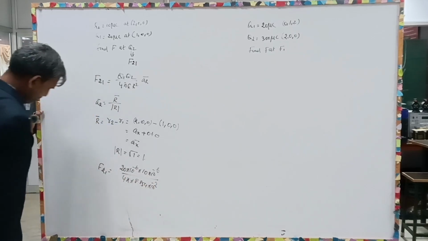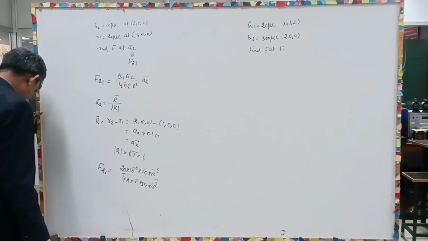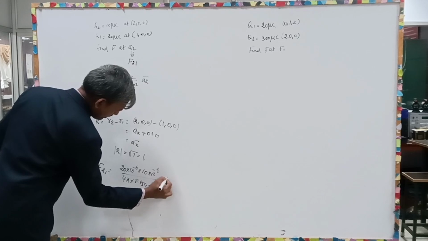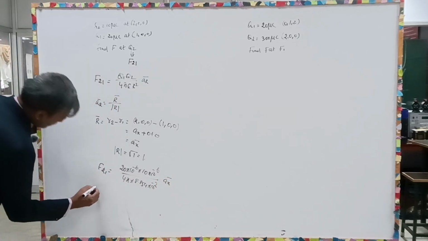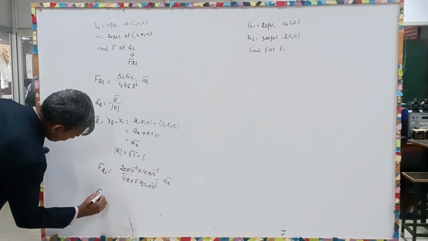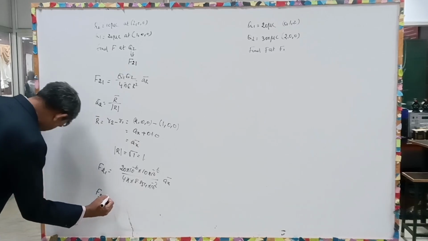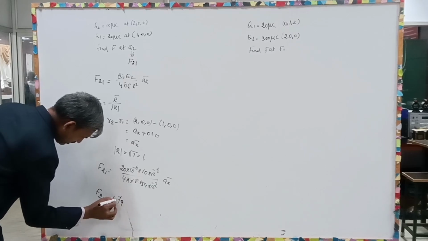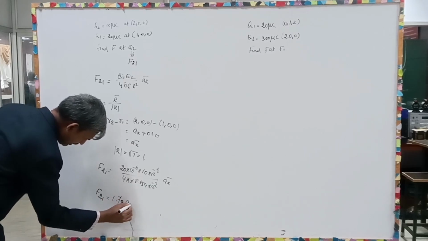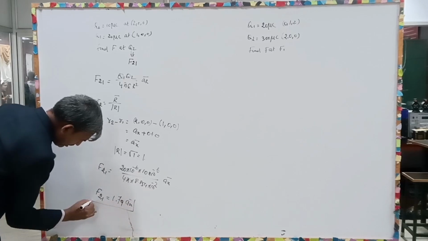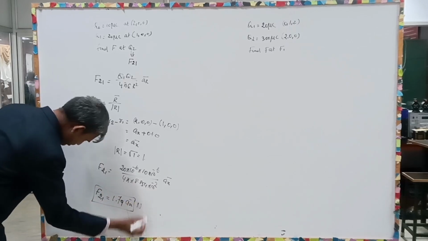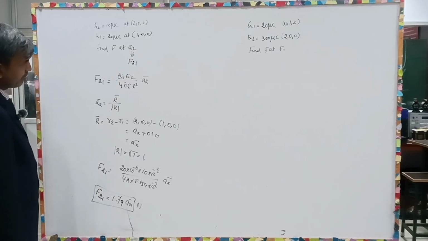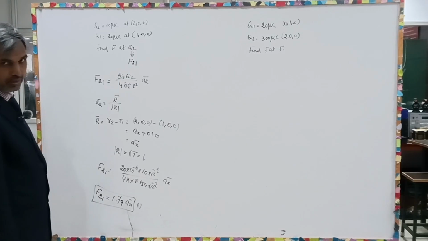The r value will be 1. The aR value is ax. Now we can simplify this, and we get the force F21 is equal to 1.79 ax. The unit of the force is Newton. This is the first problem.